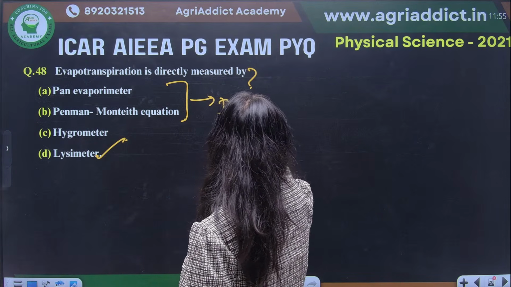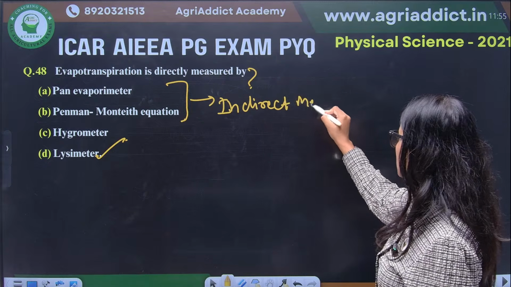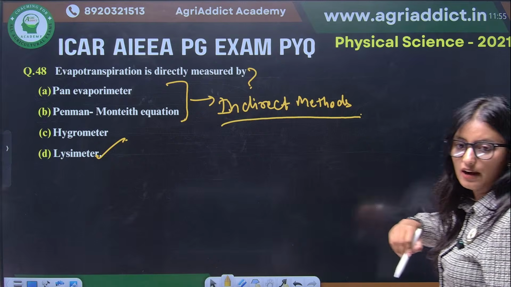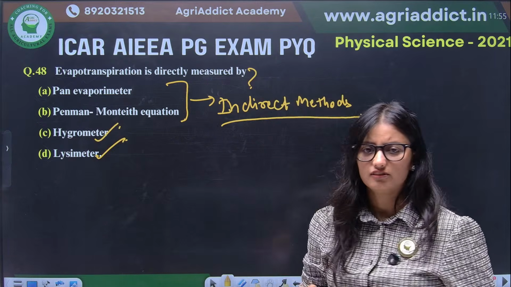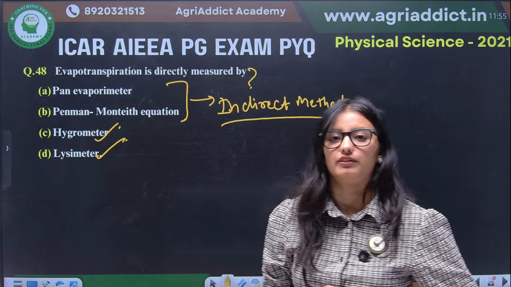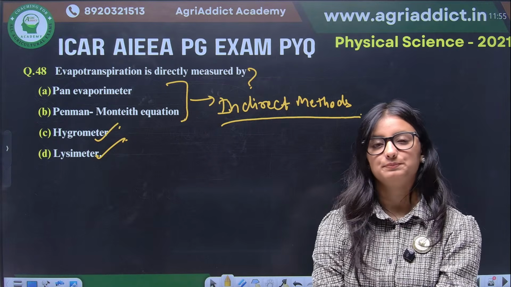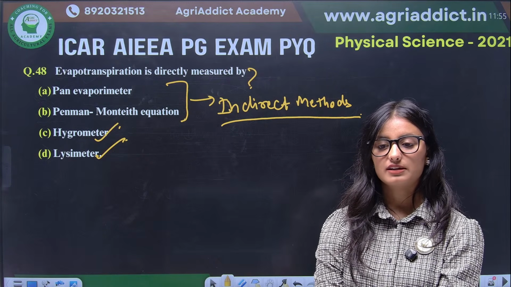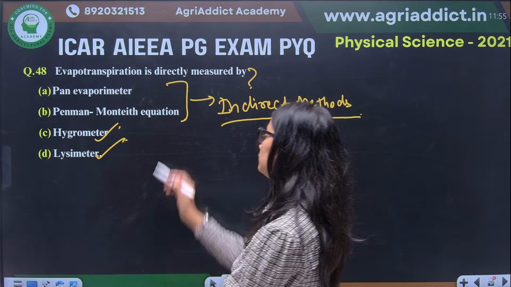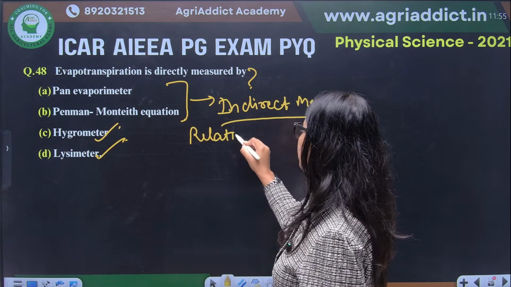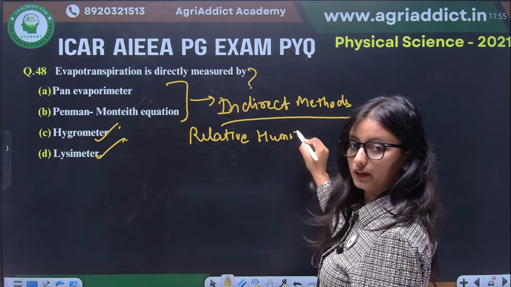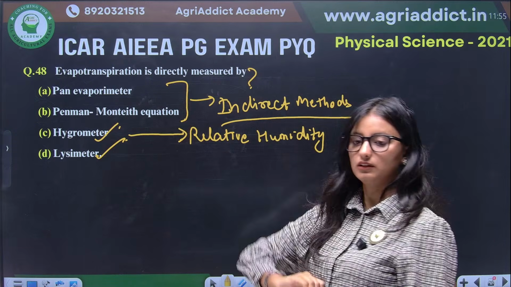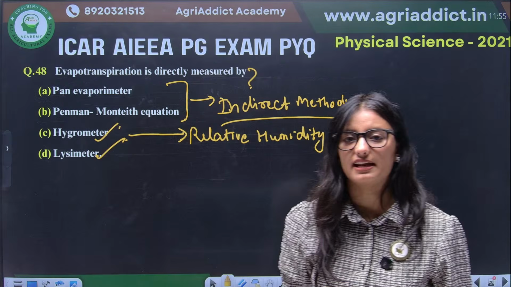These are indirect methods to measure evapotranspiration. And what about hygrometer? Why do we use hygrometer? क्या रोल है hygrometer का? Anyone? RH, very good. Used to measure relative humidity. Clear hai? Relative humidity is the correct answer.